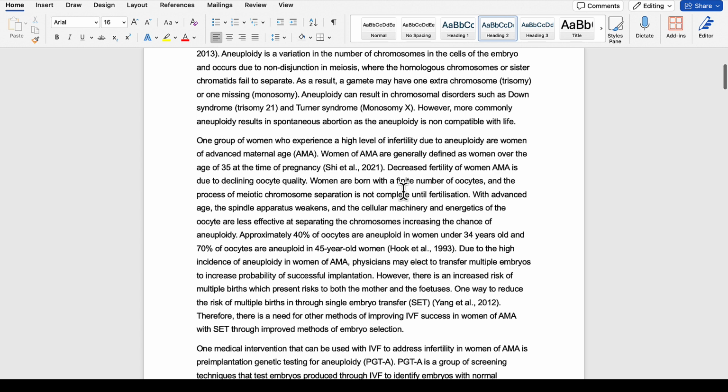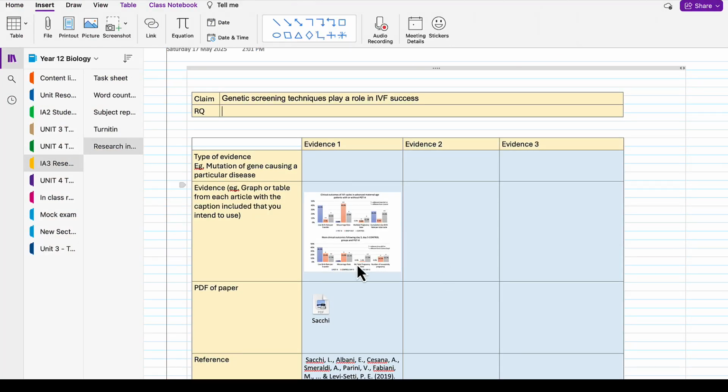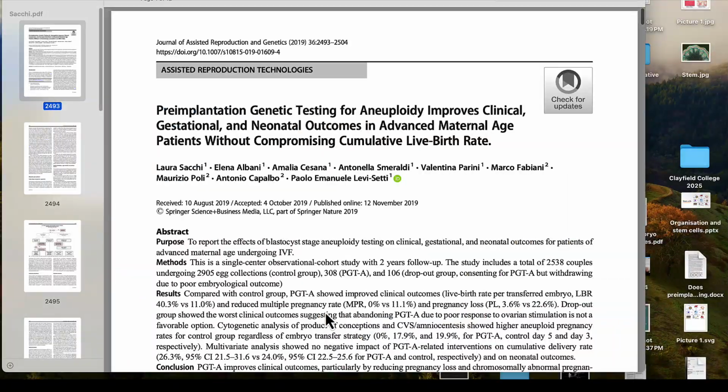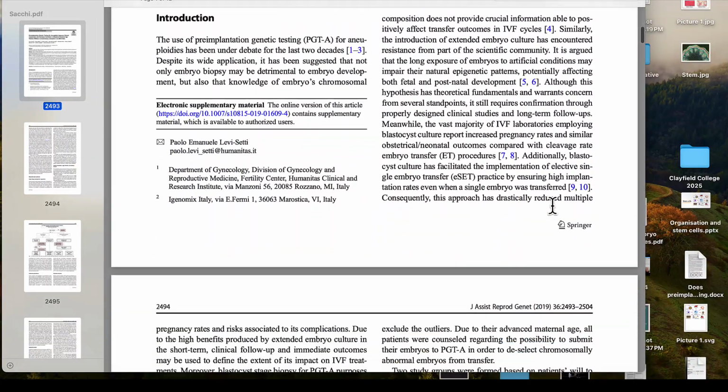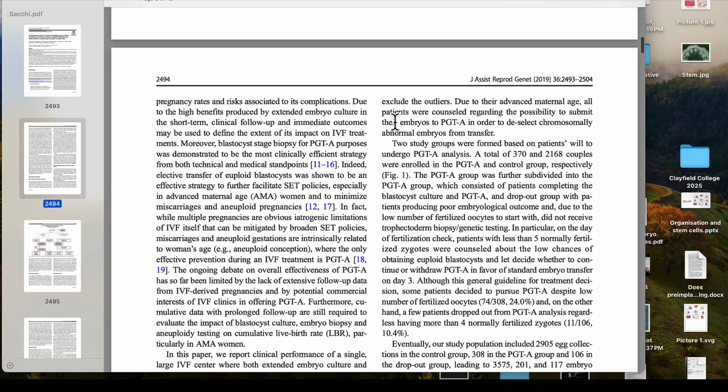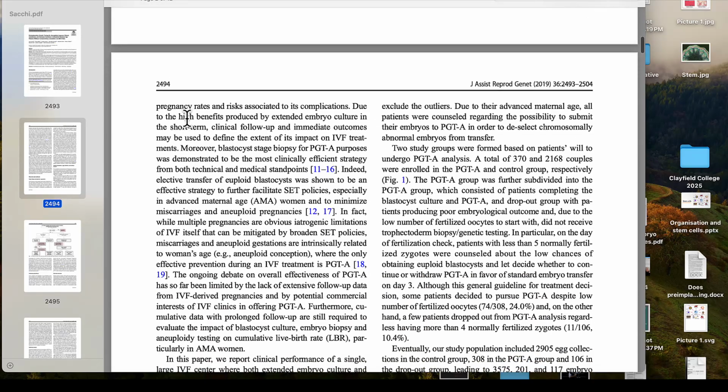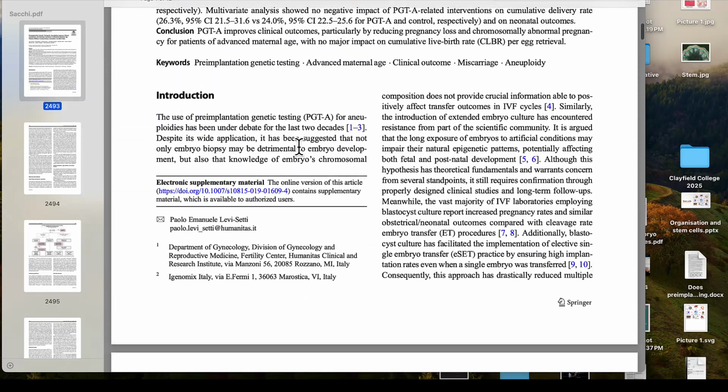The papers that you're using for your evidence, you will get a lot of this background information to go in your rationale by reading through the introduction section of your papers. It's also going to point to other papers that you can reference as well.